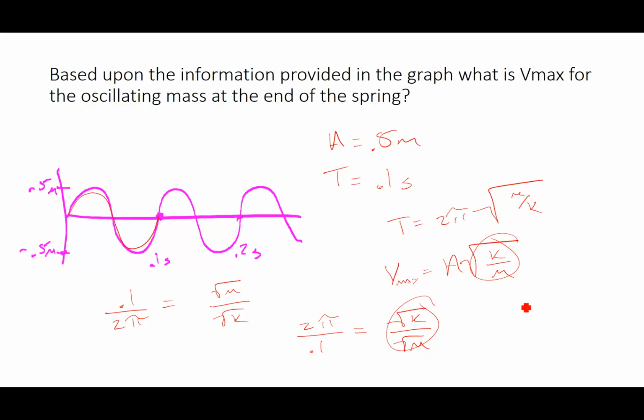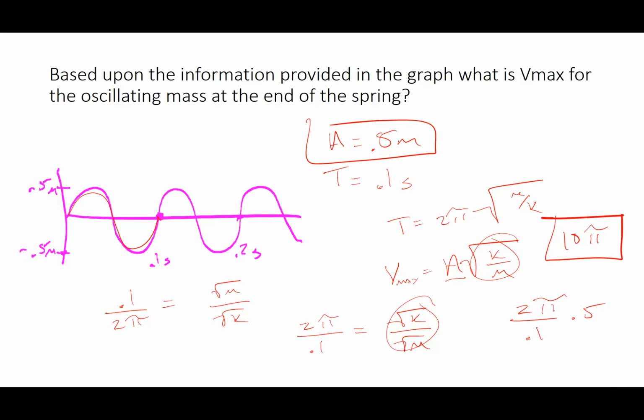So then I can just insert 2 pi divided by 0.1 times A, which is 0.5. So 2 divided by 0.1 gives me 20 pi. Half of 20 pi is 10 pi. So something that looks really hard, in the end, not too difficult. All right, there you go.